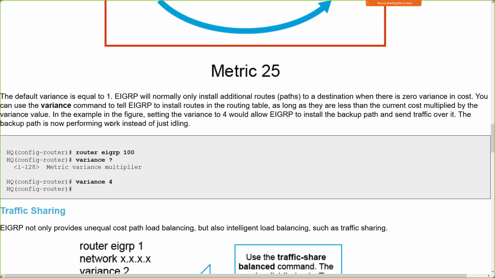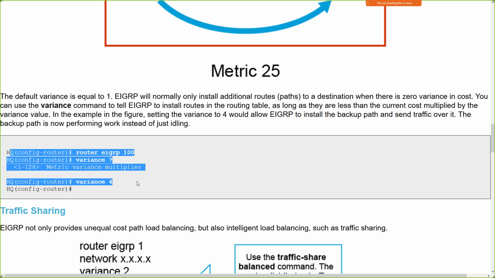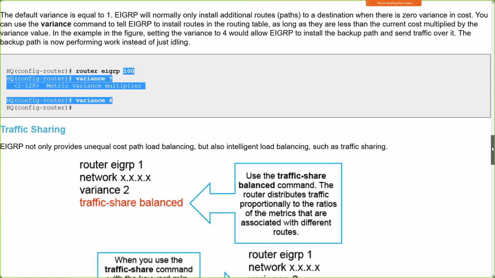All right. We can see how that variance is applied. We go under EIGRP 100, specify the variance, which is just a metric multiplier. Very, very simple. Now, when you're dealing with numbers like 25, that's pretty easy, right? But when you're dealing with traditional EIGRP metrics like 409.2586 or something like that, applying a variance of even 2 is a pretty significant jump, right?